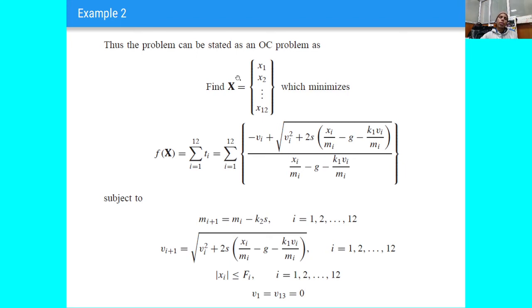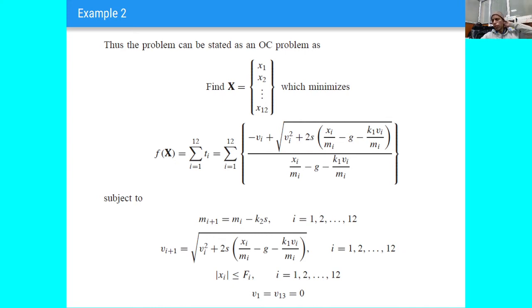We are calculating the thrust for segments x1, x2, x3 up to x12. And what is the time taken? The time taken for these 12 segments is given as follows.